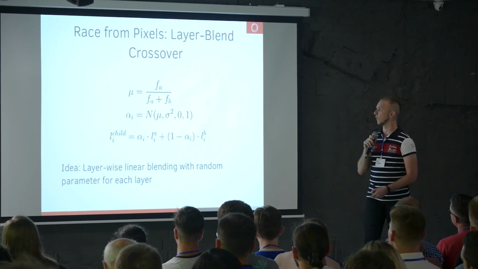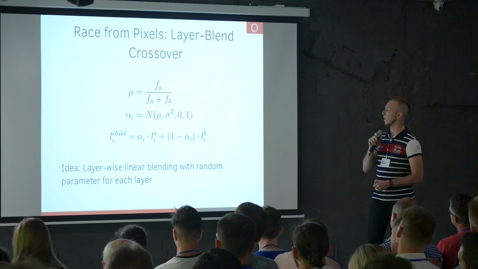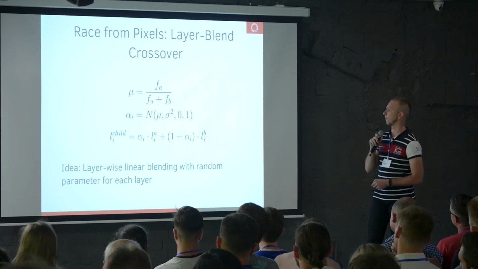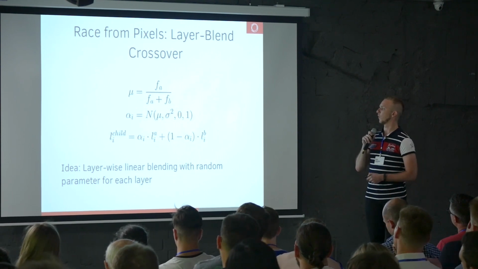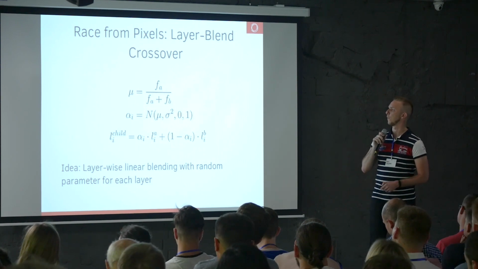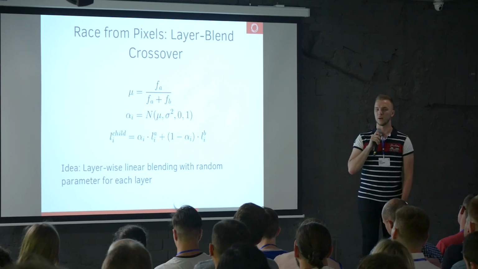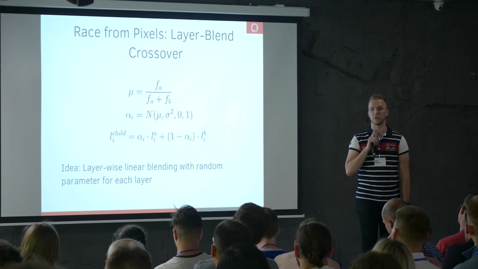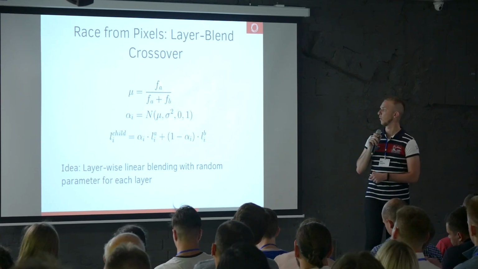So here we have a truncated normal distribution from 0 to 1 with parameters mu and sigma squared. And we calculate mu as a fraction of fitness values for each individual.